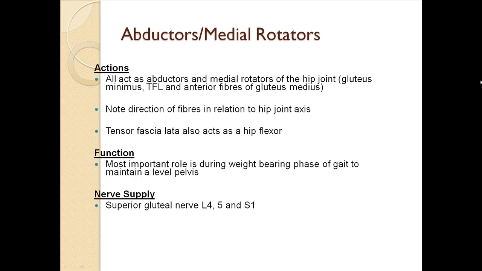What they do to get the ground clearance for the opposite limb during walking is they often lurch their trunk off towards the weight-bearing side. The nerve supply of the abductors and medial rotators is via the superior gluteal nerve roots L4, 5 and S1.